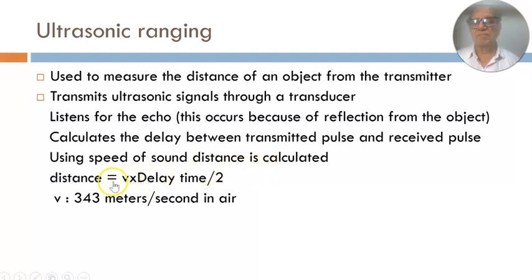Therefore distance will be speed of sound multiplied by delay time divided by 2. As we know, the speed of sound in air is 343 meters per second. One application of this is in robotics, where a moving vehicle may detect an object and take evasive action.